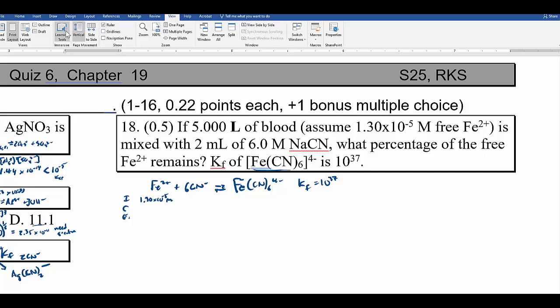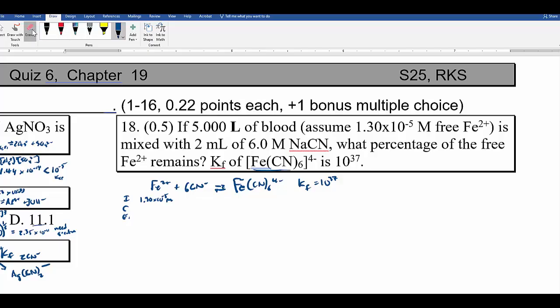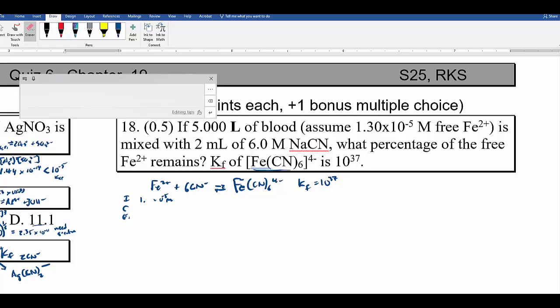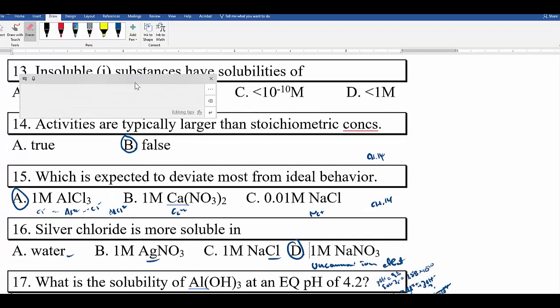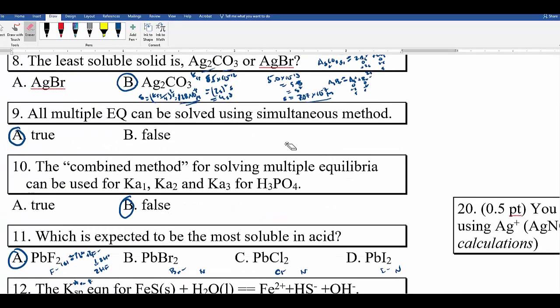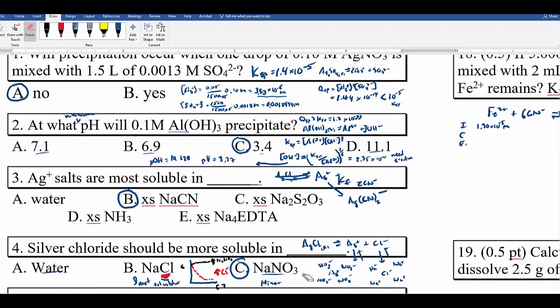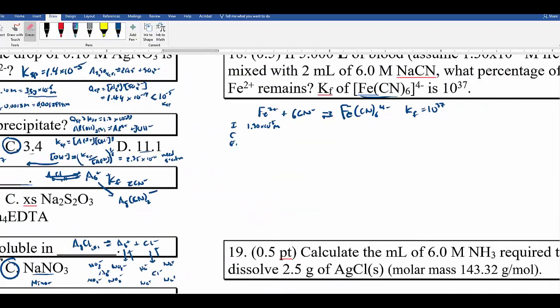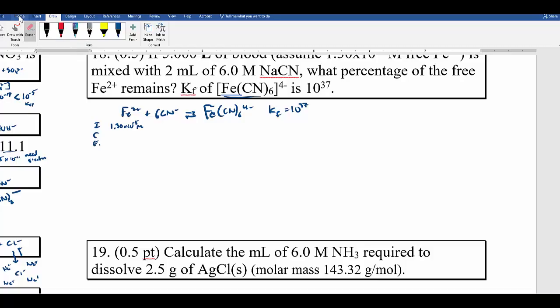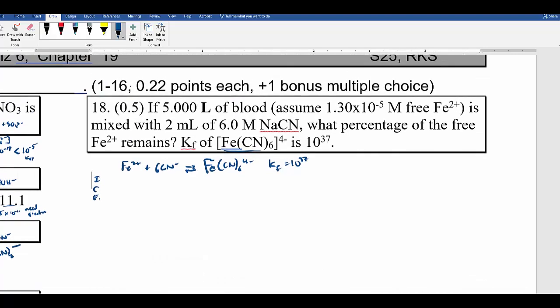So actually, I can't use this as is. Let me erase this. So we'll have to do a step. Whenever we mix 2 solutions together, we'll have to do that.